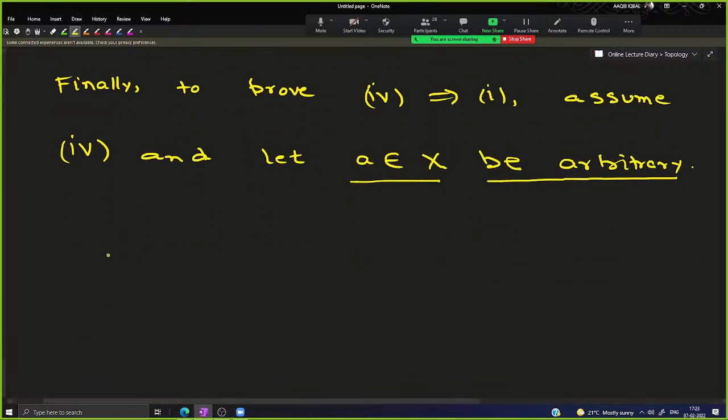So now if that be the case, यहाँ से मुझे पहले एक और चीज करनी चाहिए. अब यहाँ मैं क्या कर रहा हूँ? I'm taking an element a in capital X and the selection here is arbitrary. अब इसके बाद आप क्या करिए?